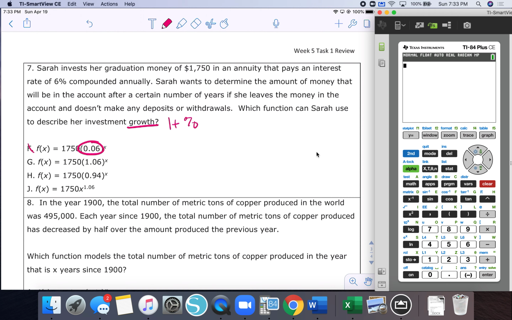So this number is not bigger than 1, this number is bigger than 1, this number is not bigger than 1, and that is not even a number. So G is the only one that even has the right option for growth. You start at 1,750. We would do 1 plus 0.06, and it would be raised to the x, and then this simplifies to 1.06.